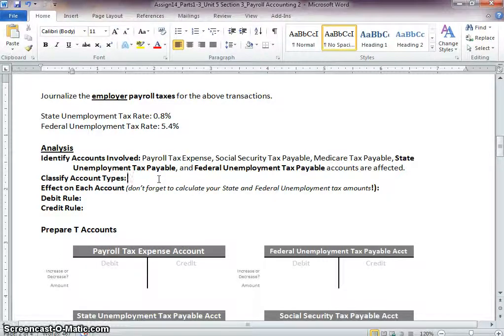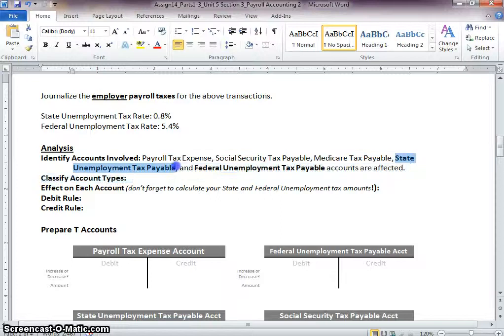So first, let's do our analysis, and we're identifying the accounts that are involved. We're using a payroll tax expense account, so that word expense should tell you something about that account. We have a Social Security tax payable, Medicare tax payable. That tax payable should tell you something about these accounts. If it's a payable and we owe, what does that tell us?